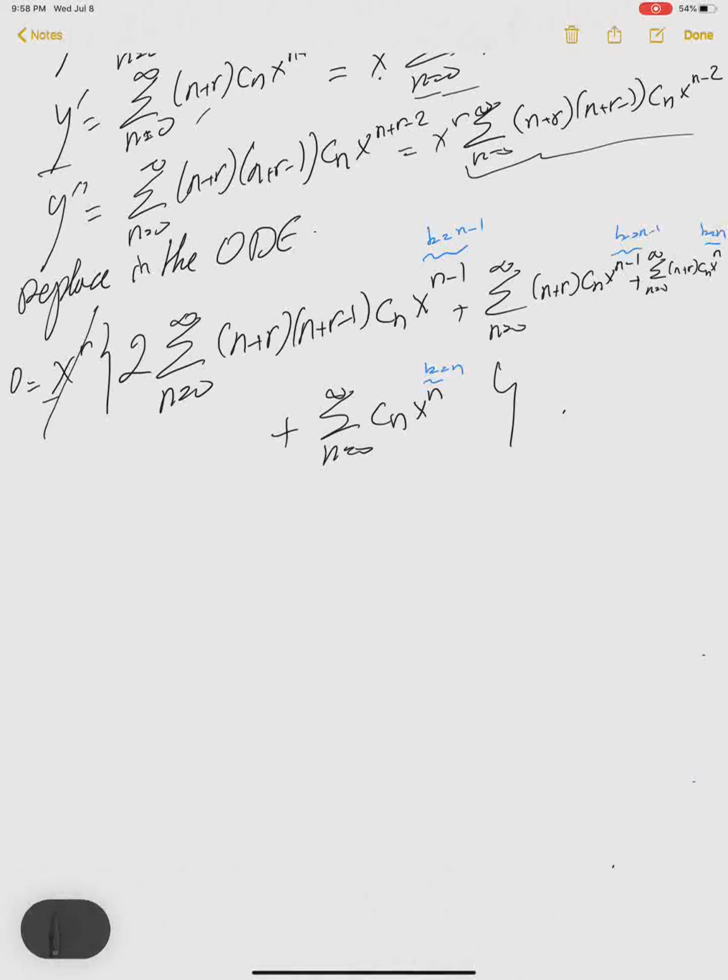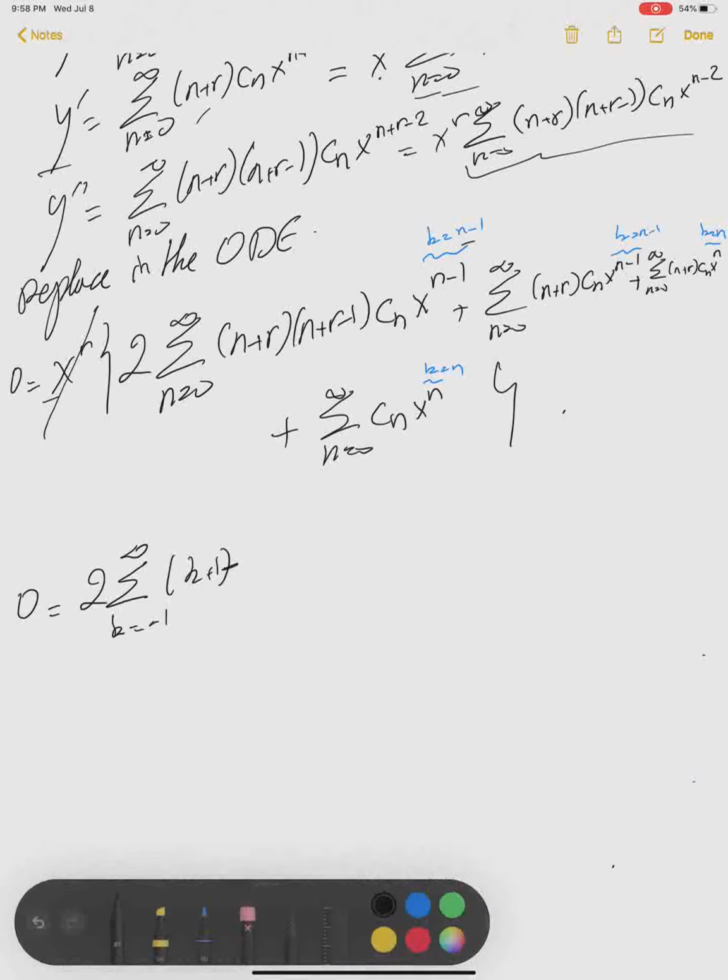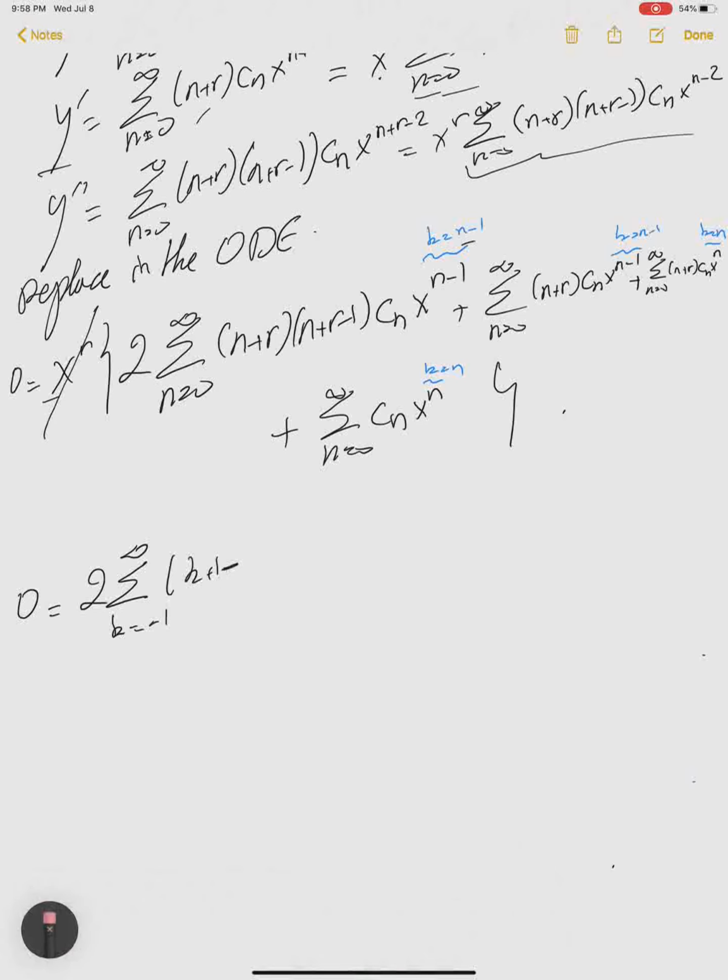Then I get 0 equal to summation, n equals 0, then k is, if n equals 0, k is minus 1, to infinity. n plus r, n is k plus 1, so this is (k + 1 + r) times (n + r - 1), this is (k + r), c_n is c_(k+1) x^k.